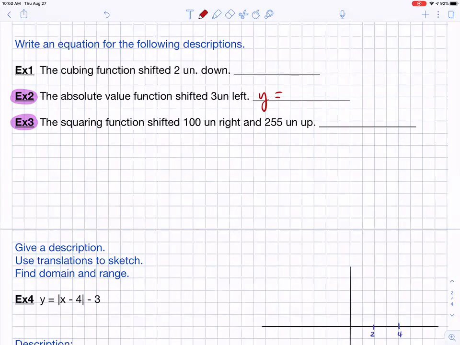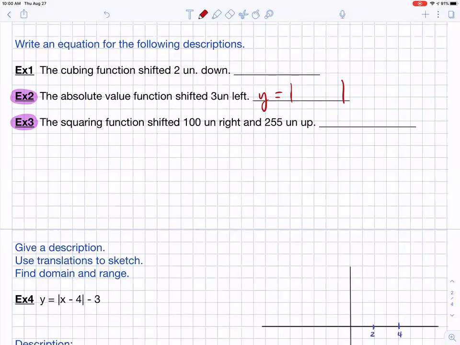What's the root word of equation? Equal. You have to have something equals. We call that y or f of x, either one, I don't care. Okay, so we've got y equals. Now you said absolute value of x had bars, and you also told me that my 3 to the left had to go inside the parent.